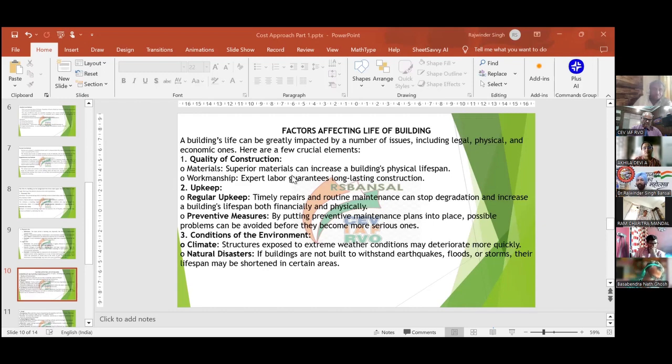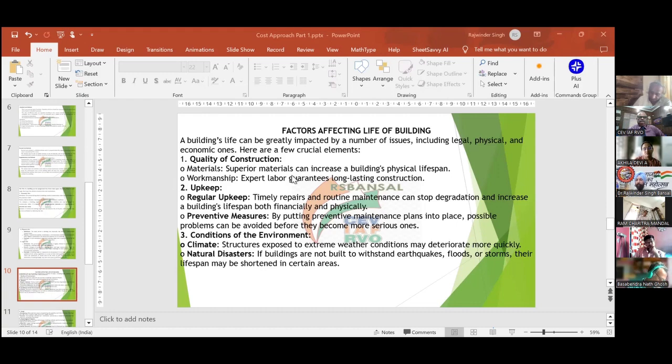And there are certain types of upkeep. One is regular upkeep, which you have to do regularly, and there are certain preventive measures which you have to take to increase the life of the building. And then conditions of the environment.